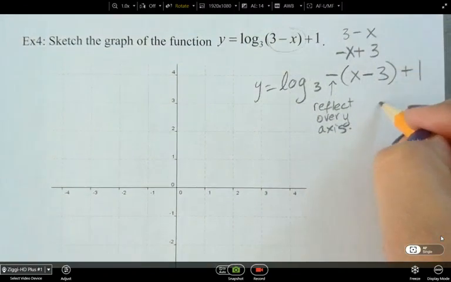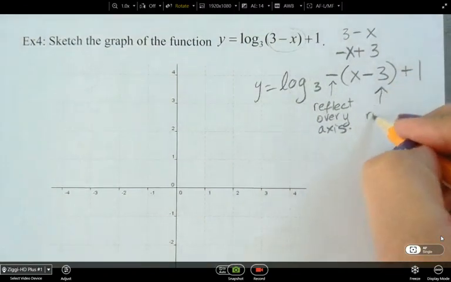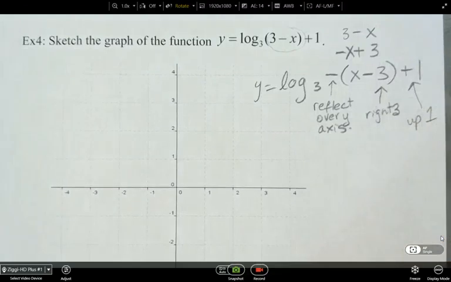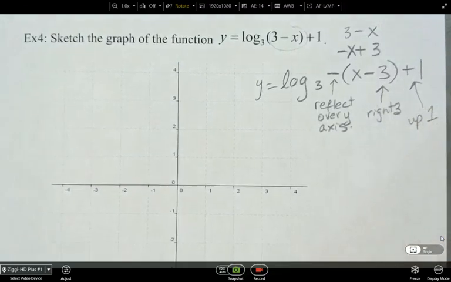Then this means that we are going right 3. And what does this mean here? Up 1. Okay, so let's graph our parent function and then see where we end up going with this. So what's our parent function then?